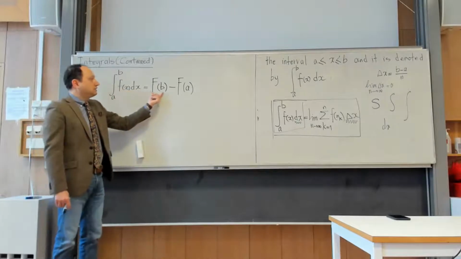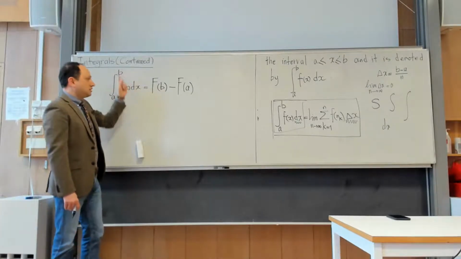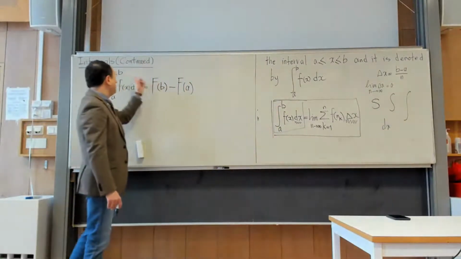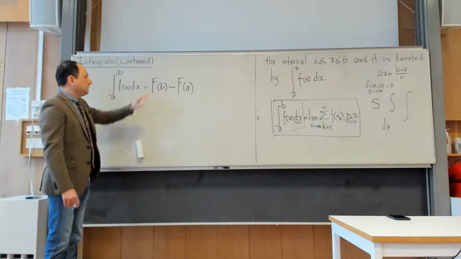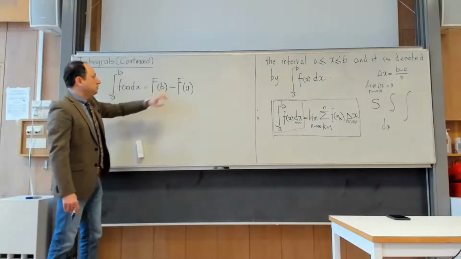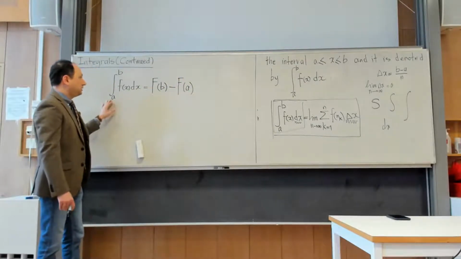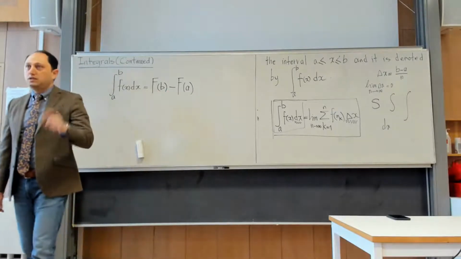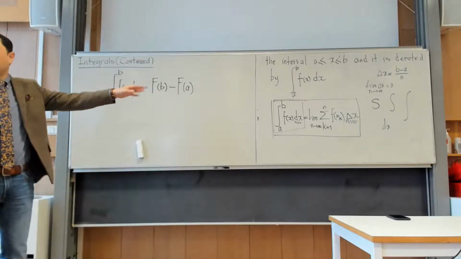When you find it, put the upper limit into that function, and it becomes a number. Do the same thing with the lower limit, and then subtract. What you get is your answer. You really don't need to go through that tedious process.